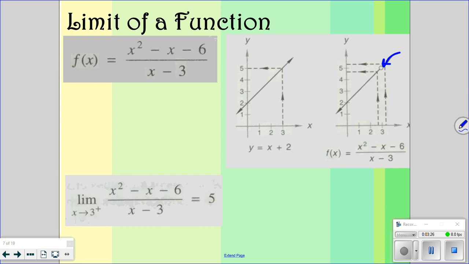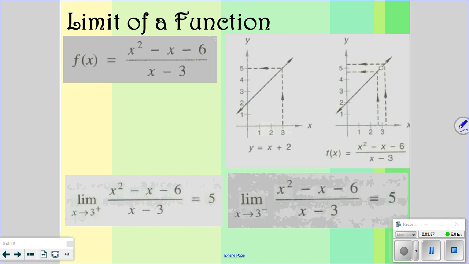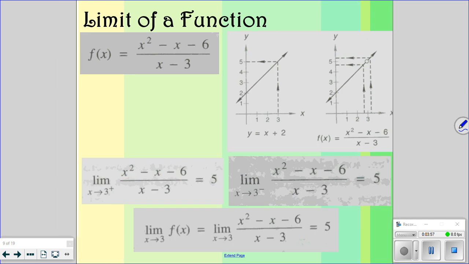What about as we're coming from the left? What would the limit as we approach from the left be? If you come from the left here, you're still approaching the same point, which is 5. So from the left, the value is still going to be 5. What about the limit at 3? As x approaches 3, what would the limit be? Since the left and the right-hand limits are both 5, the limit at 3 is also going to be 5.